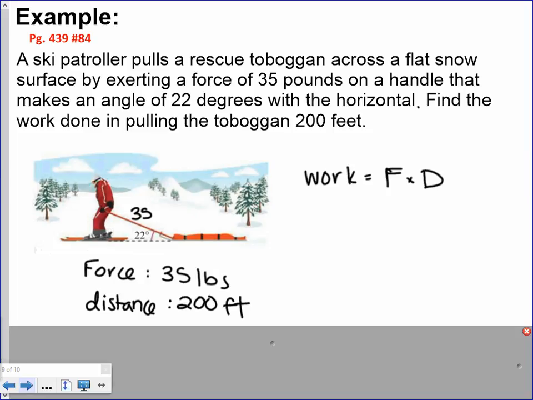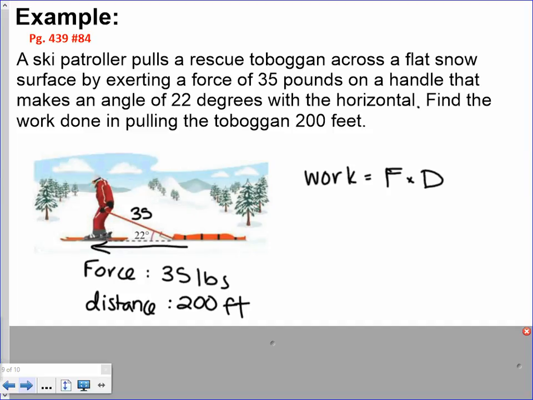When we calculate the work, we don't want to just use the force of 35 pounds. We only want to use the horizontal component of force because we're pulling that toboggan horizontally.